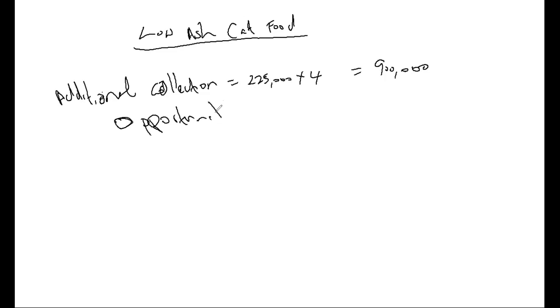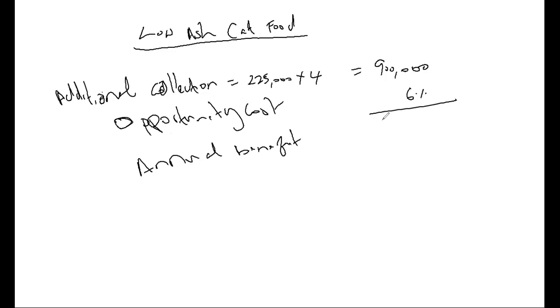And we know the opportunity cost of investing this fund is 6%. So therefore, how much annual benefit are we talking about? 6% of 900,000, right? So it was 54,000. 54,000, right?